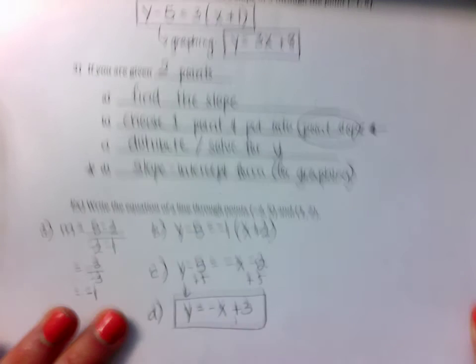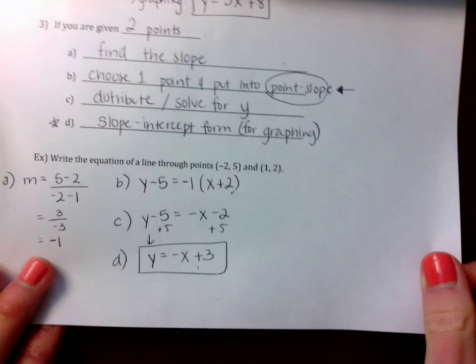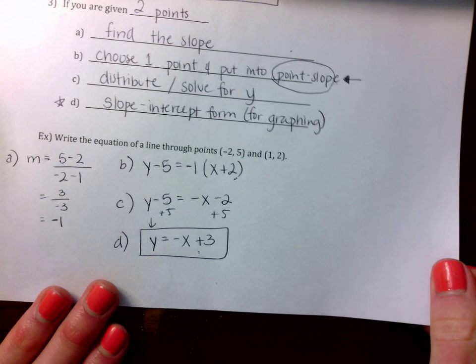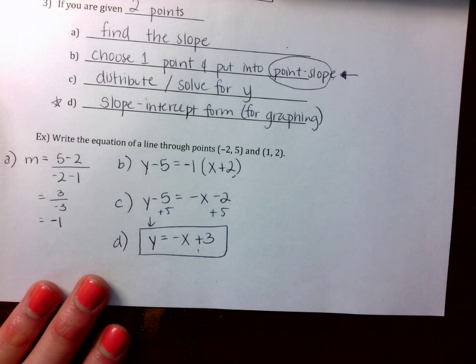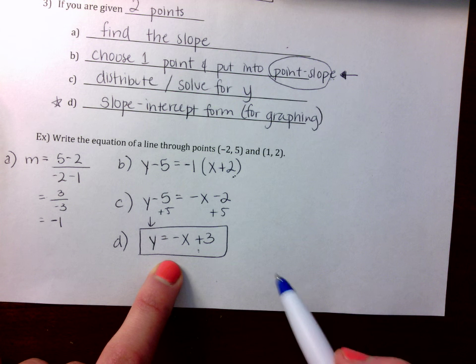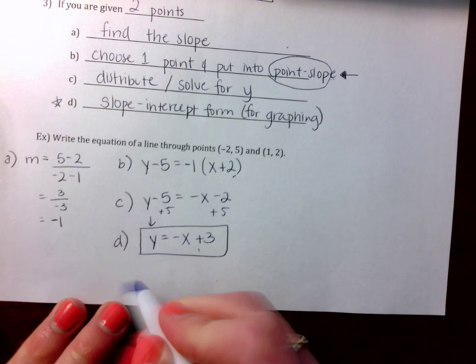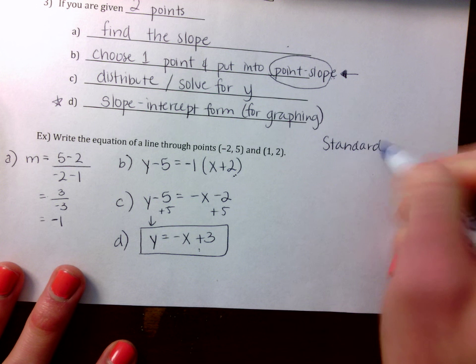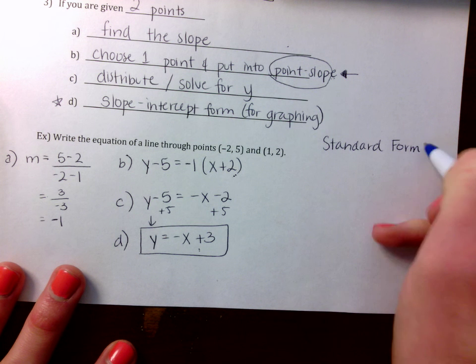Okay, we're going to review really quickly how you would get from either of these to standard form. So it's pretty easy from slope-intercept to get to standard form. Just remember that standard form, let me write up here, standard form has a couple of stipulations.